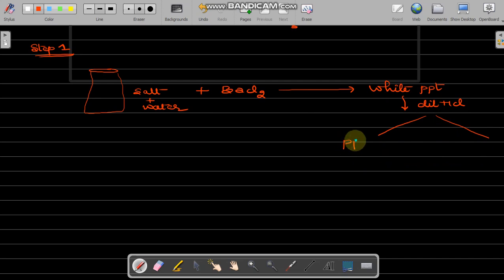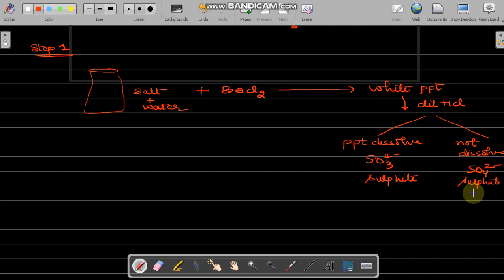The first, your white PPT dissolves, and the second, it does not dissolve. If your white PPT dissolves on addition of dilute HCl, it means there is the presence of the sulfite ion, SO3 2-, that is sulfite. And if this white PPT does not dissolve on addition of dilute HCl, then this confirms the presence of the sulfate ion.